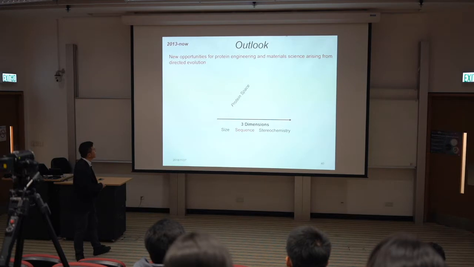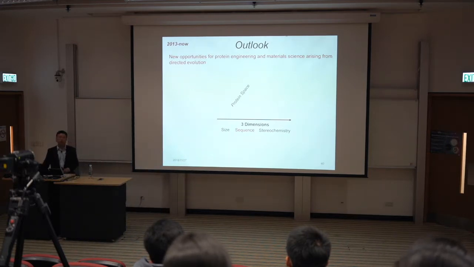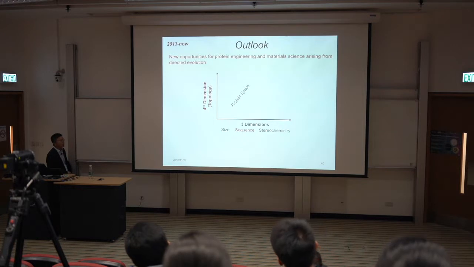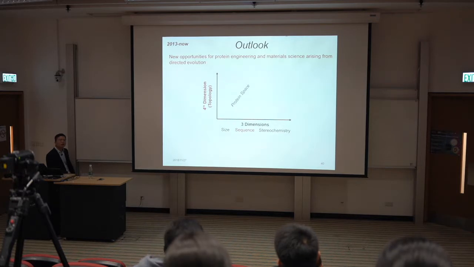So can we introduce another dimension for protein engineering or directed evolution in general? Can we engineer the topology of protein molecules? Can we have control over these engineered protein molecules? How can we do this? Again, we are puzzled. We don't know where to go. What shall we do?